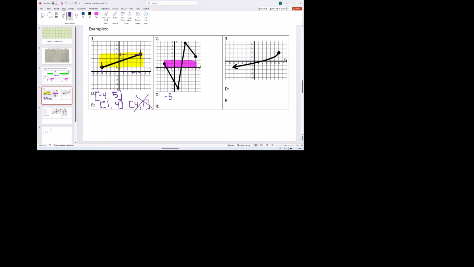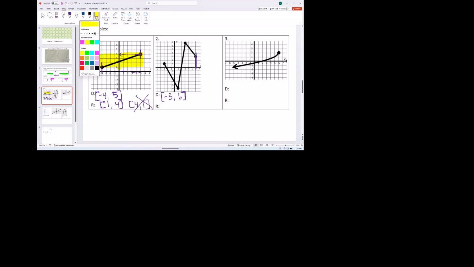And does it include it? Is there a closed circle where it touches -3? Yep, so we put a bracket. And then we just separate it with a comma. What's the furthest to the right x value? 6. And does it touch 6 or include it? Yes, it does. So we put a bracket there. So -3 to 6.